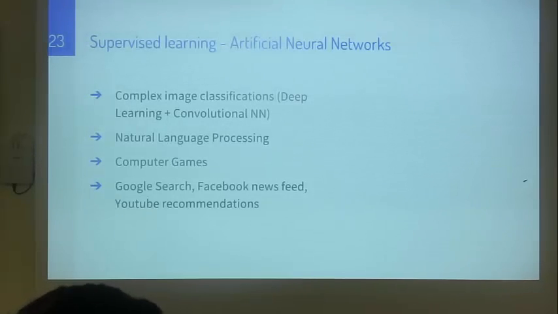Right. So artificial neural networks are the big boss of the machine learning models. In deep learning, where we have billions of data sets, there are complex image classification models in neural networks called convolutional neural networks.